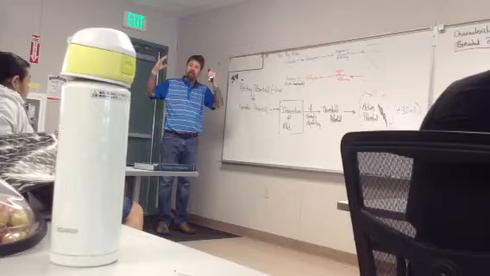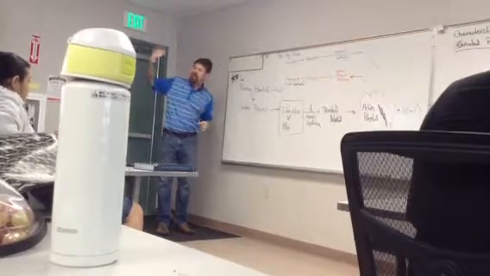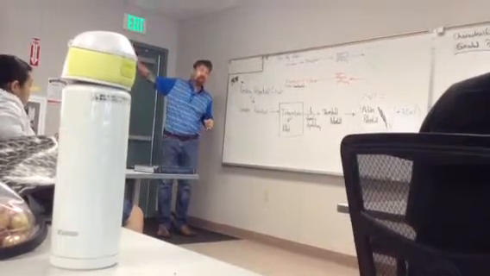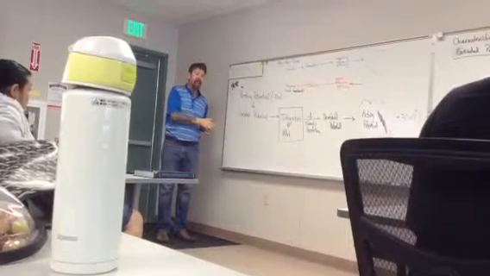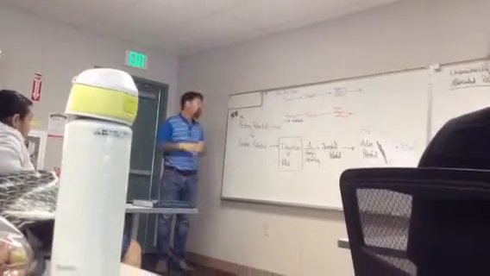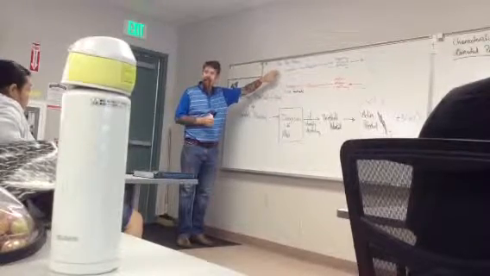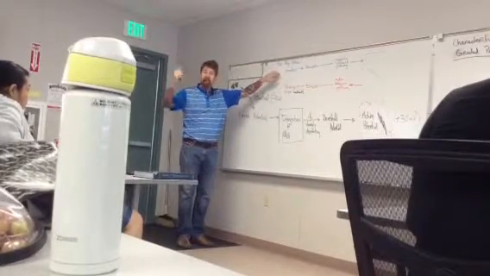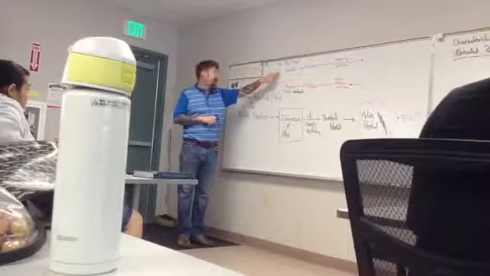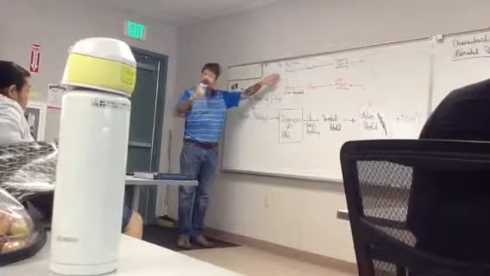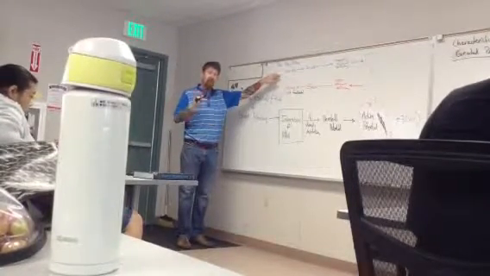It should always triage, right? It should always take care of the most important things first, and then the least important things last. Right? And the most important things are always going to be the ones that have the strongest stimulus, right? Because that means they're going to be the furthest away from homeostasis. The lower the stimulus, the closer they're going to be to homeostasis. You with me on that one?